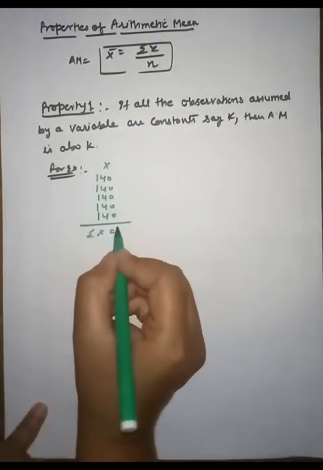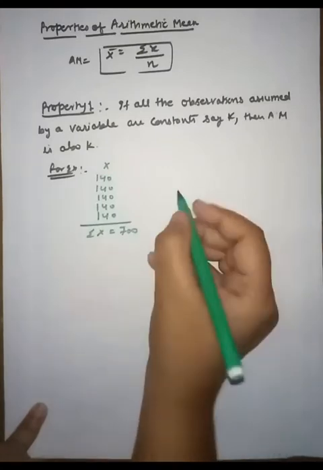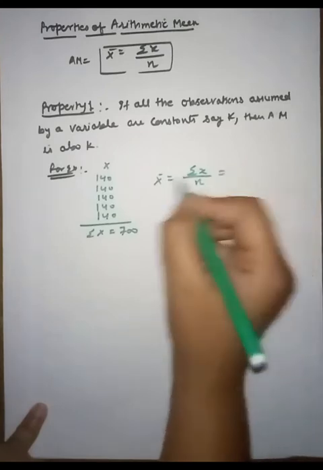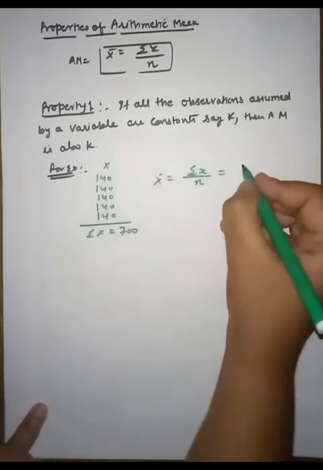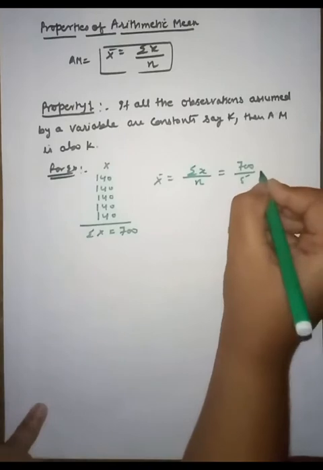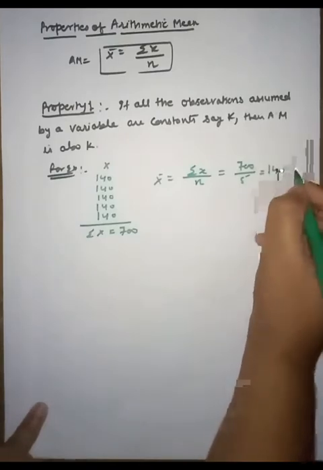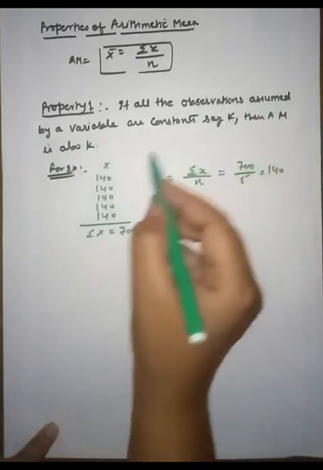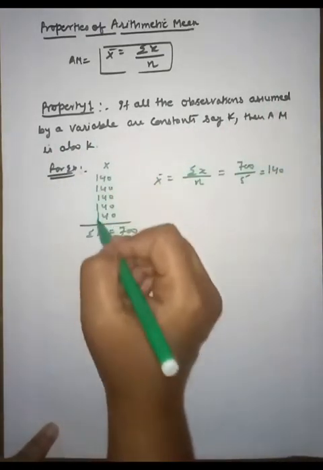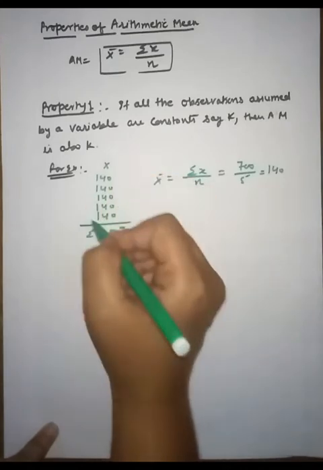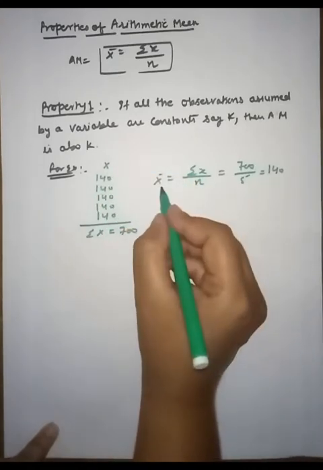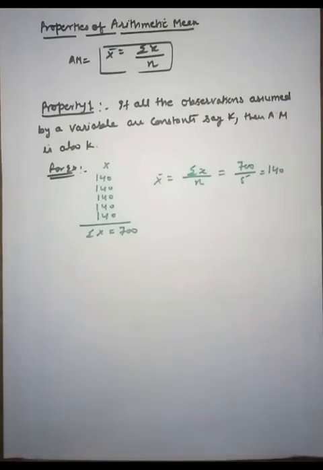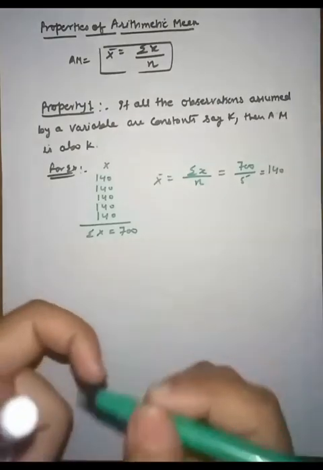Here summation of x comes to 700. Now find x bar, summation of x upon n, and here the number of students is 5. So this is 700 upon 5 and this comes to 140. So you see, if all observations assumed by a variable are constant, here all students have the constant height, so the arithmetic mean has the same constant, the same height. Now move on.